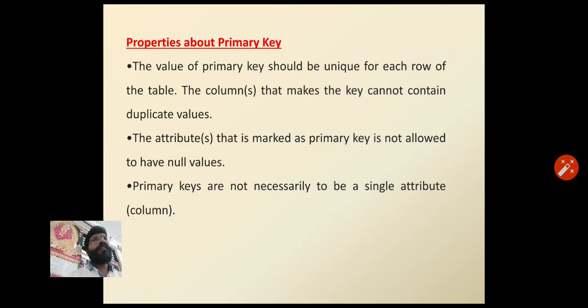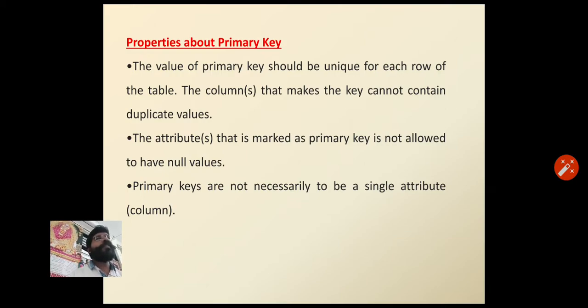We can understand the properties of a primary key. We can repeat: first, it cannot be a duplicate value, it has a unique value and is not null. Null values are not allowed in a primary key.